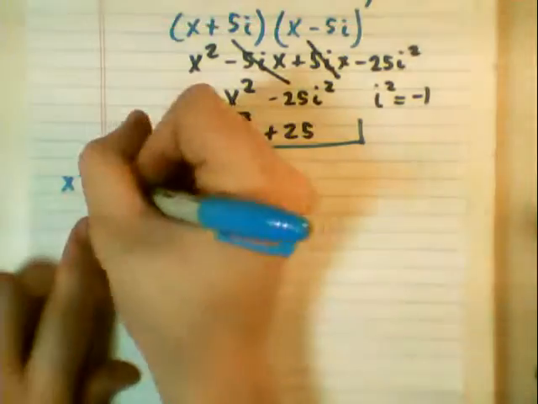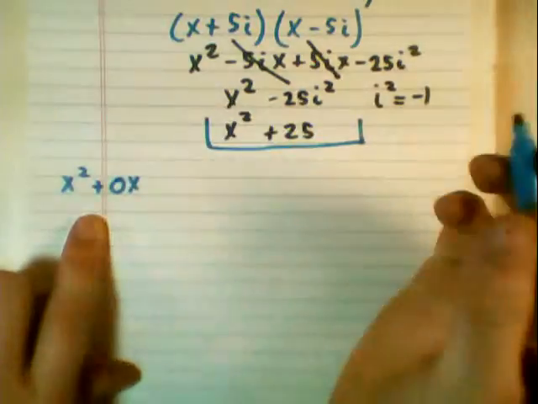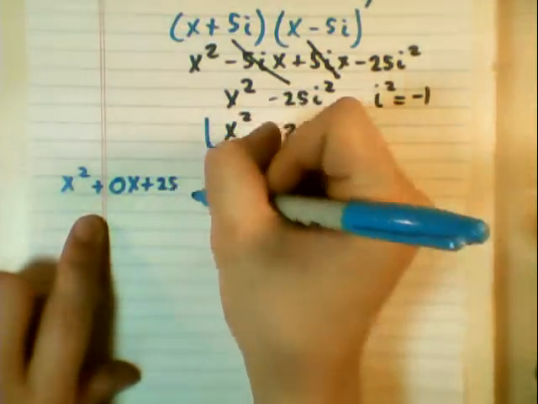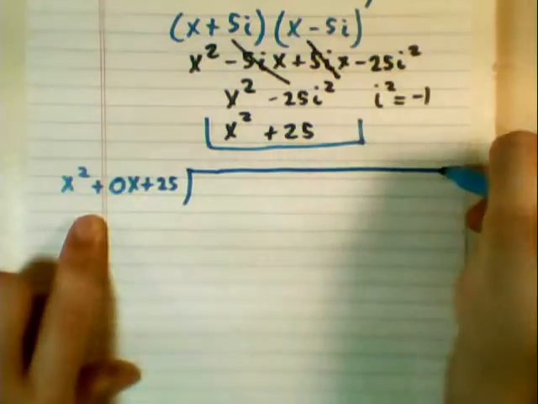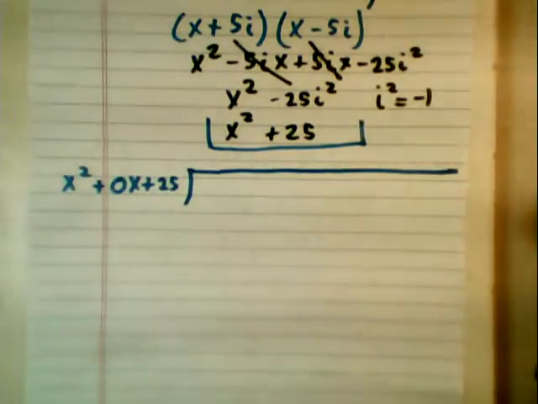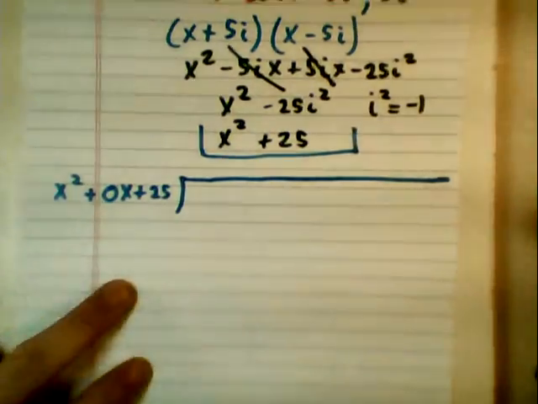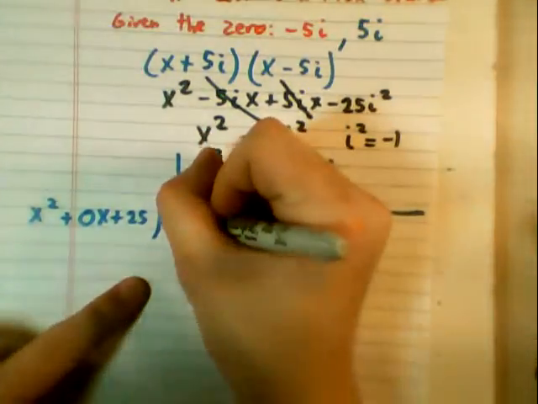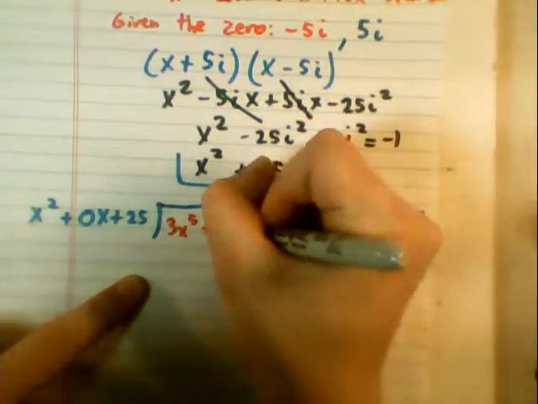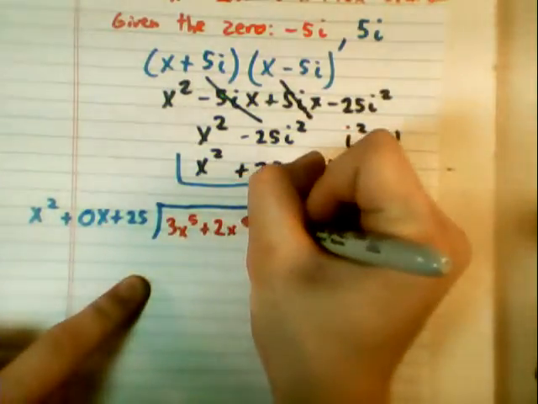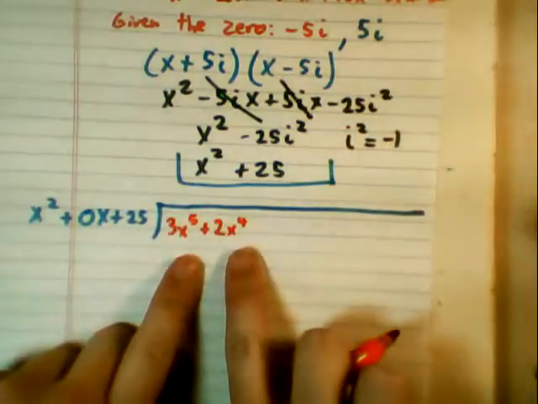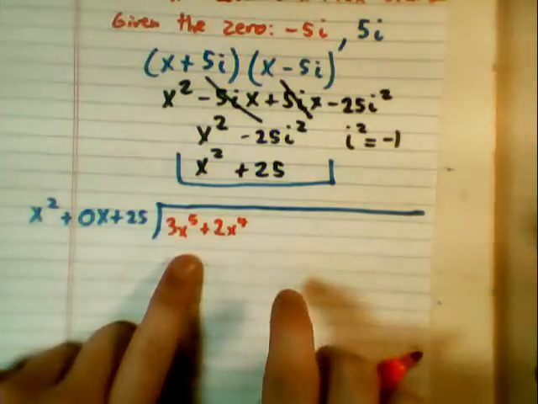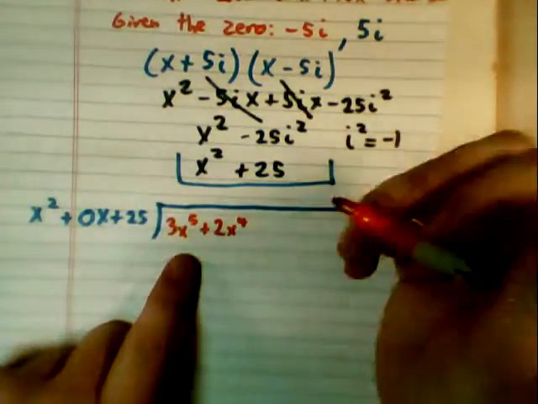So we have x squared plus 0x plus 25. And then we bring this down and put it inside of here. So we have 3x to the 5th plus 2x to the 4th. And inside of here, if it didn't have a term, you would need to put a 0x to whatever power.